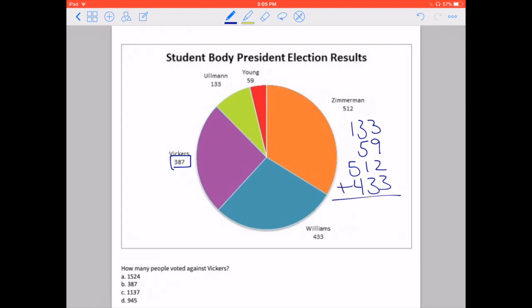If I add those all together in my calculator, 133 plus 59 plus 512 plus 433, I get 1,137, which is C. All right, and that's the end of all of our charts.